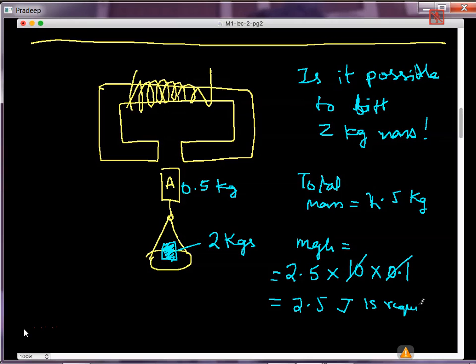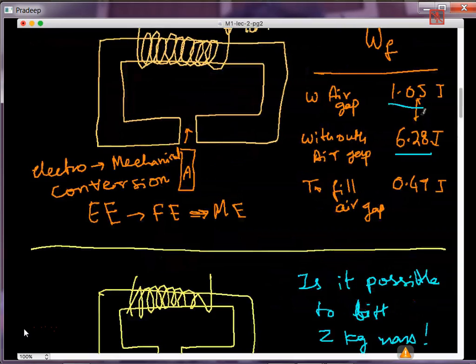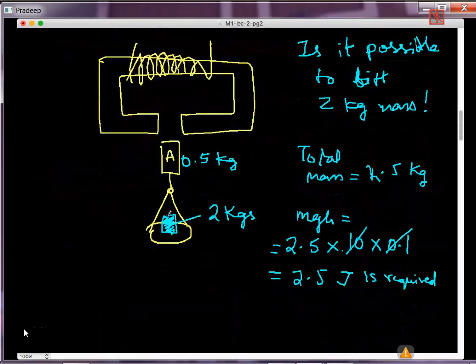Now the question is, do we have 2.5 joules available? Yes, the answer is you have 2.5 joules available, because the gap here 1.5 joules and 6.28 joules. So that much energy is available in the air gap. So therefore I am able to lift the object even if 2 kgs weight is attached to this.